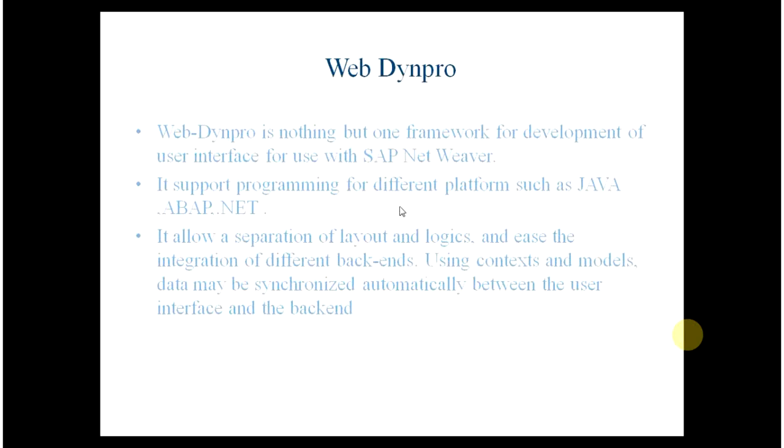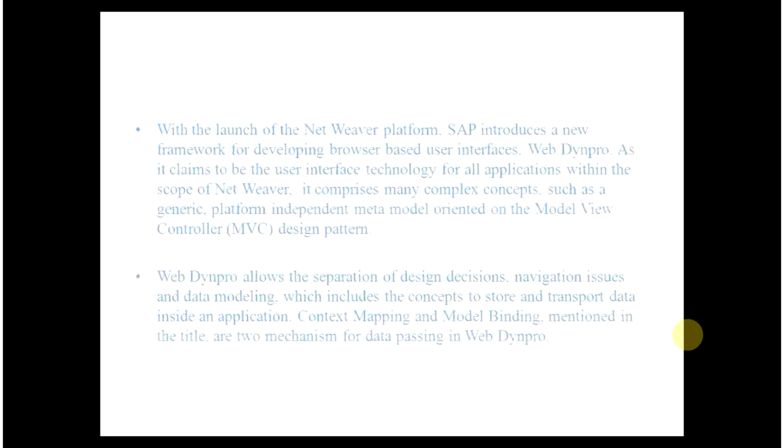Also, it supports programming for different platforms such as Java and ABAP. The front end will be WebDynPro, and the back end can be Java or ABAP. Here we will be taking help of ABAP. This is supported in a number of platforms, in fact. And as I have already told you, there is a clear separation of layout and logic, so the user doesn't have to bother about the backend system.